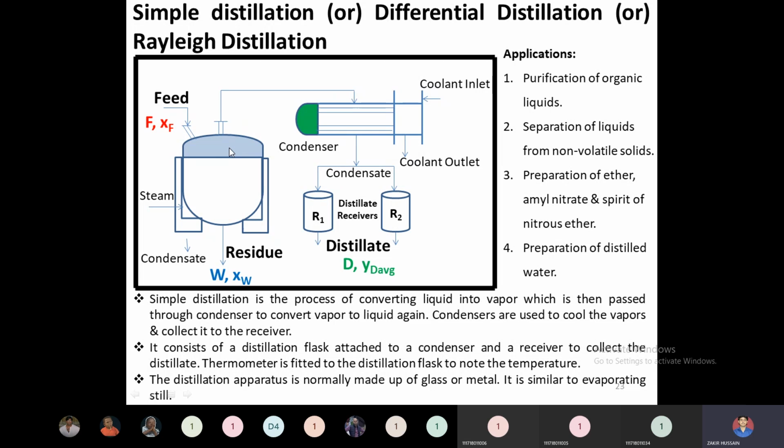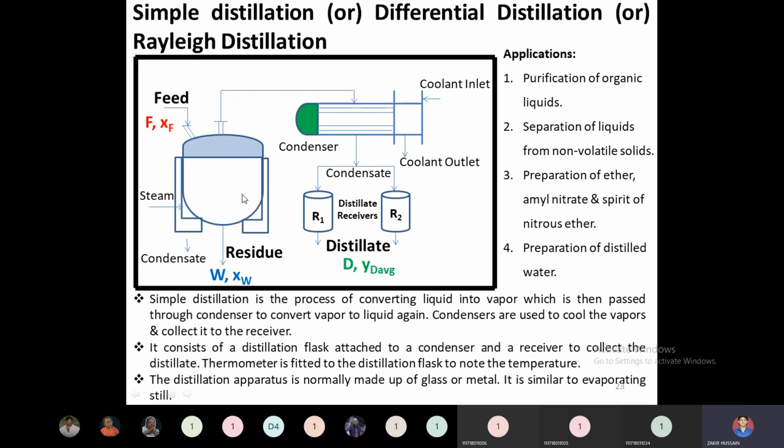When we increase the temperature and give enough time, all the liquid inside the still gets vaporized. During the initial time, the more volatile component in the simple distillation cut will be very high, and as time passes, the more volatile component will be lean in the cuts and the less volatile component will be more.